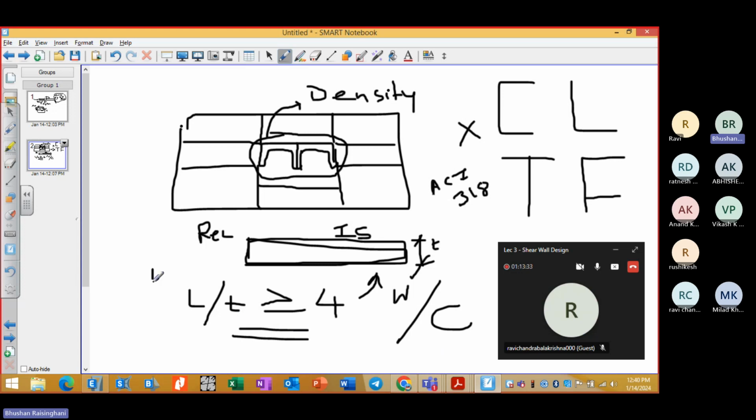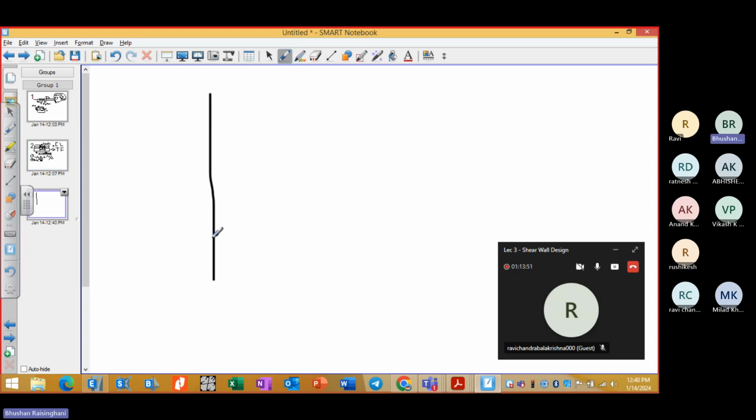And the second way to do it is by your SFD, BMD diagram. You can easily understand whether it is a shear wall or a column. When we are designing a column, you would observe that your bending moment diagram is like this, right? That is story 1, story 2, story 3, let's say, and it continues up to any number of stories.